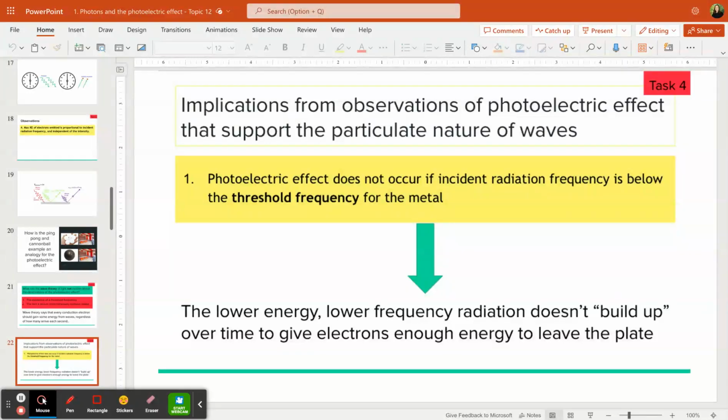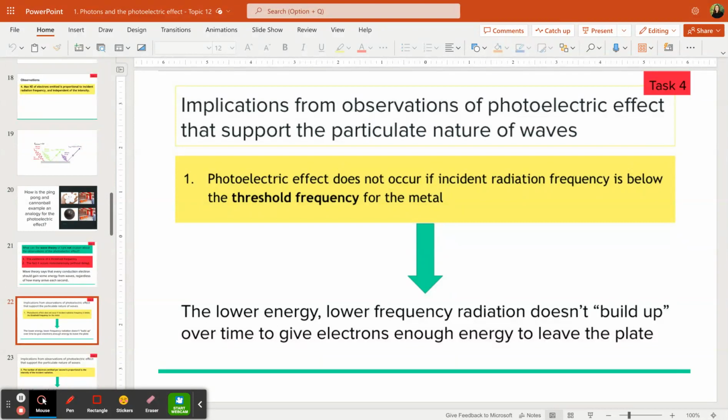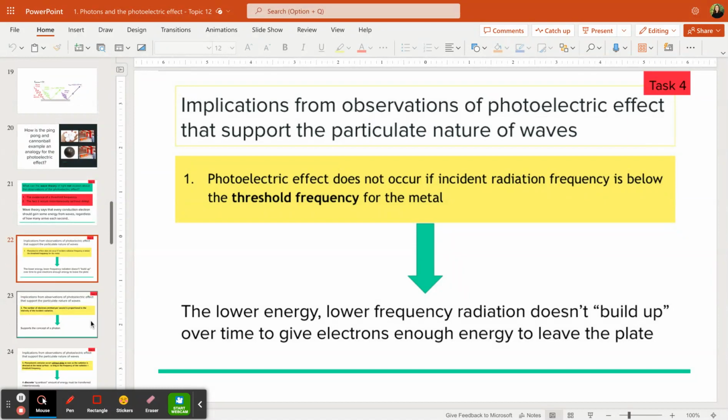Okay, if light was only a wave, eventually the low frequency light would have been able to transfer enough energy, because the whole point of a wave is that energy is transferred over time. Okay, but we see that just doesn't happen all of the time. If the energy of the wave is too low, if the photon frequency is too low, it doesn't matter how long we shine it for, nothing happens. And so it implies that suddenly the wave isn't acting as a wave anymore. Okay, it's not taking time to build up energy. There must be an instant transfer.